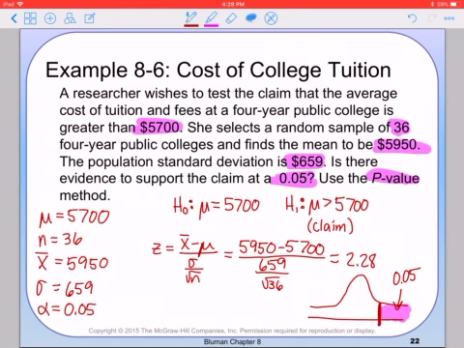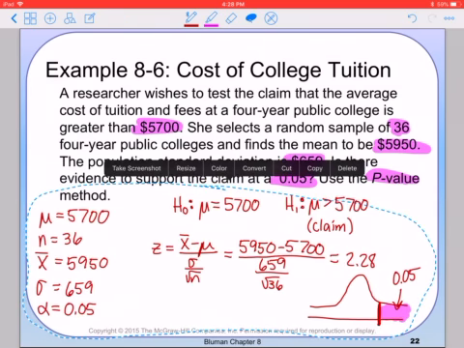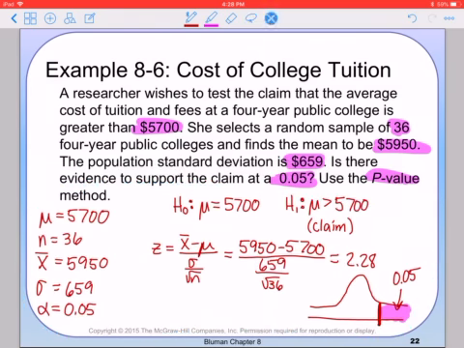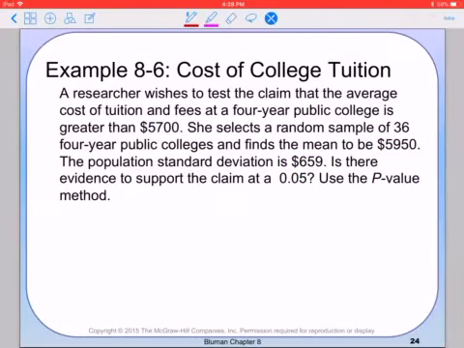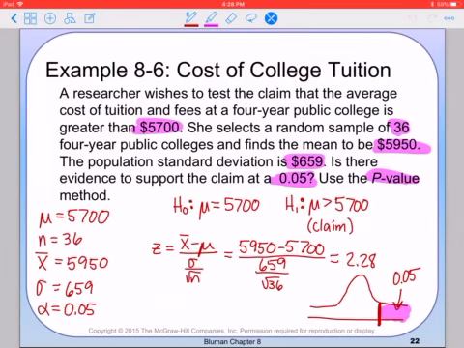Okay, so what I'm going to do is just copy this. We need a little bit more room. It looks like we're not going to get any more room. All right, so anyhow, what we have to do is look up in table E. The z equals 2.28.